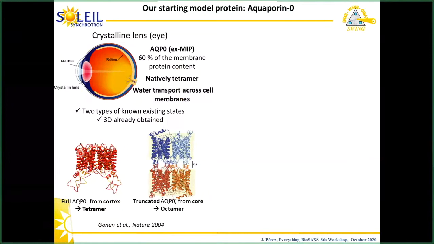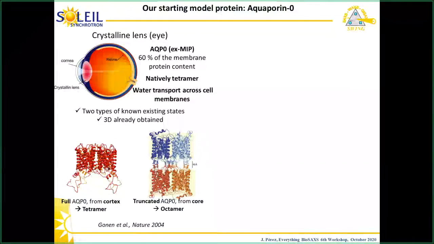So it's natively a tetramer, and it appears that from the cortex to the core, the extra part, these linkers, are truncated, and so the inner part of the crystalline is made by this truncated tetramer. And it appears that the truncated tetramers crystallize as octamers, while the cortex, the full aquaporin, crystallizes as tetramers.